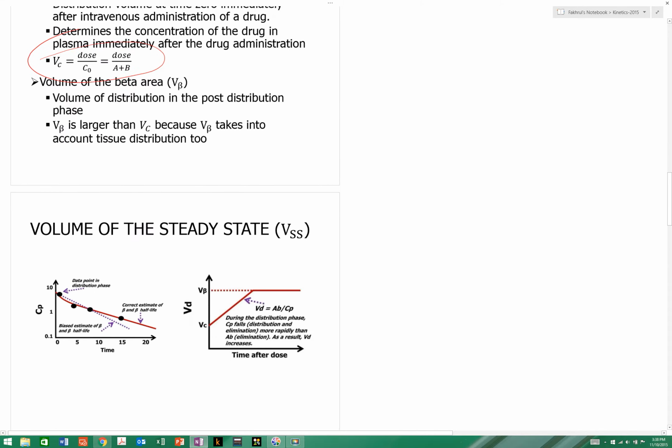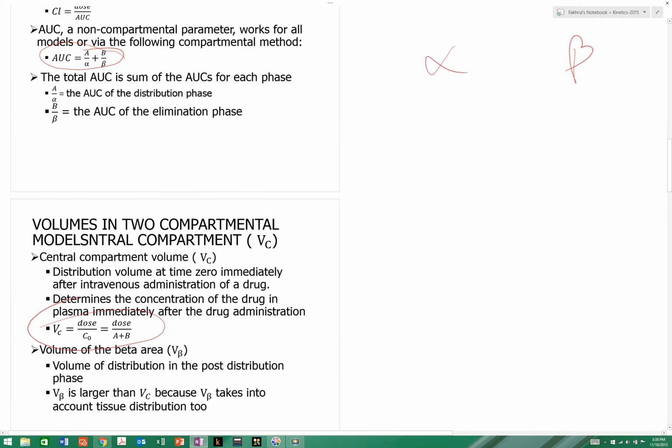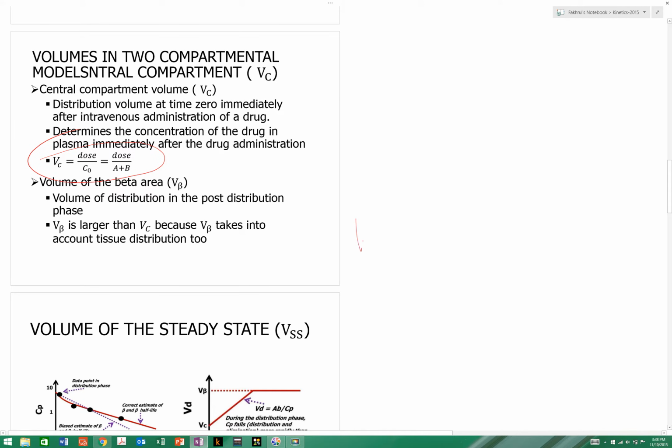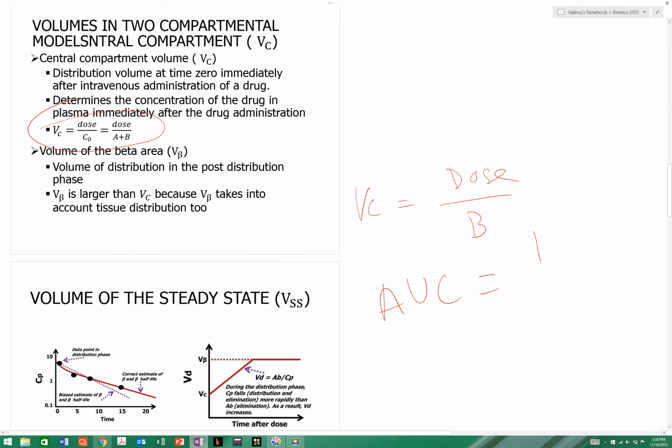So what happens if you do not follow this rule? You calculate VC as dose by B, and AUC you calculate as B by beta.